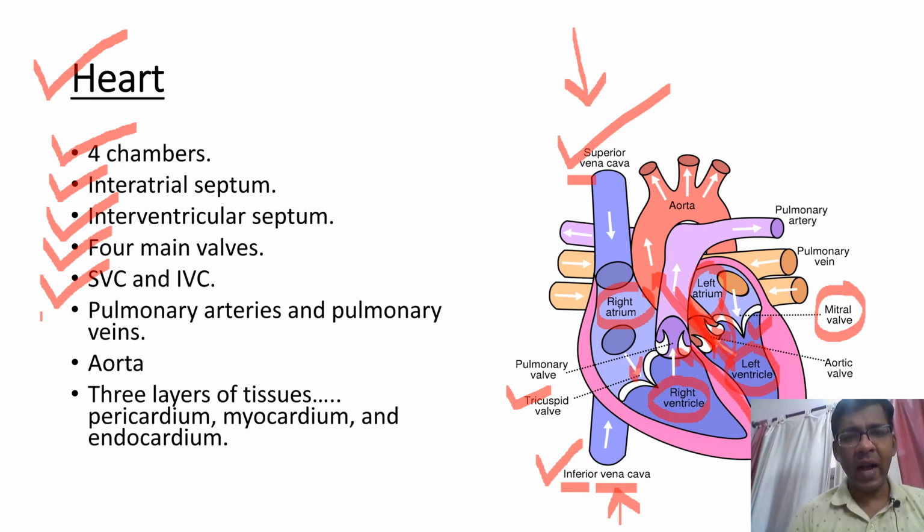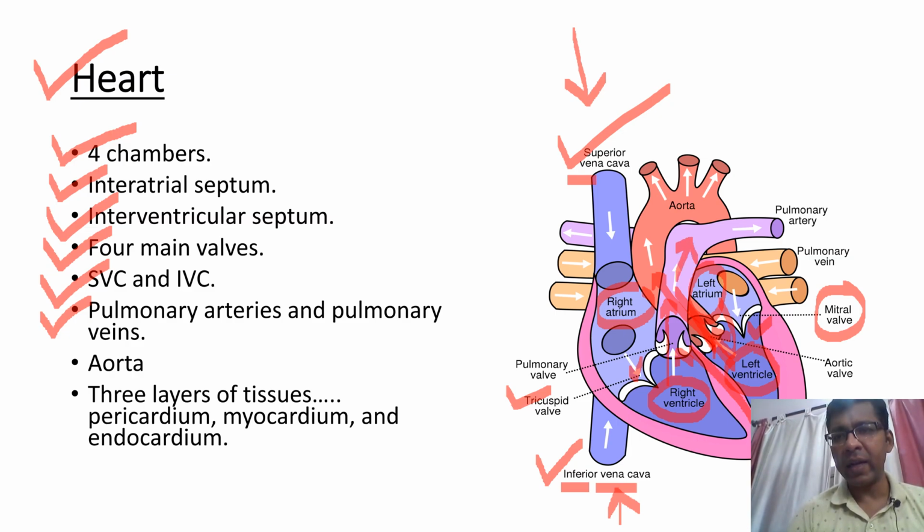Then pulmonary arteries and pulmonary veins. As we have already seen, from the right ventricle blood goes via this pulmonary valve up to the pulmonary artery.